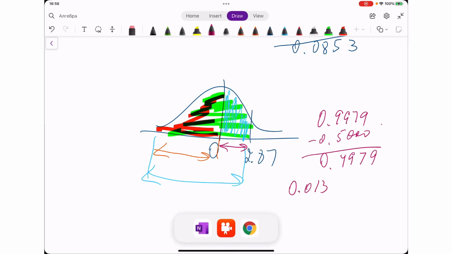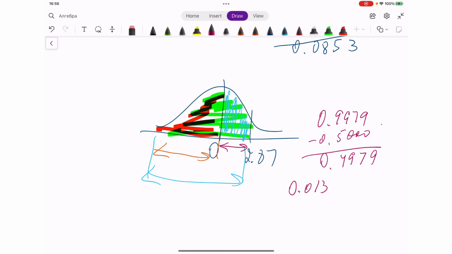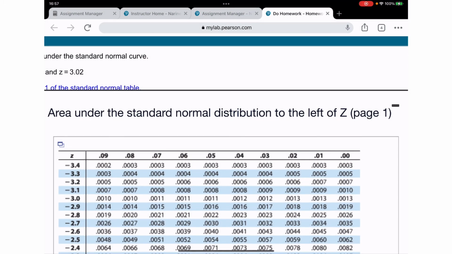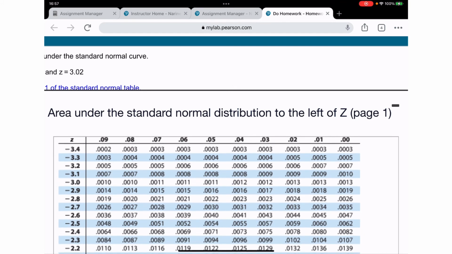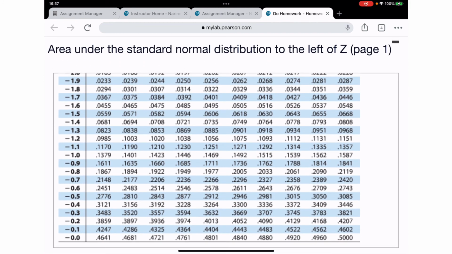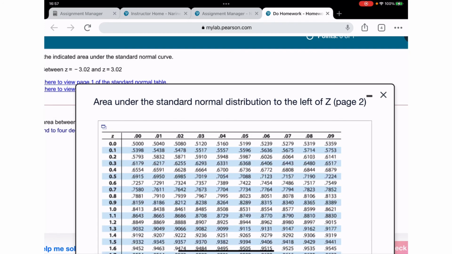0.013. Did I write it down correctly? Let me pay attention. 3.02, 0.0013. Okay. Now, positive 3.02. Let me close this one. So I'm opening positive one now. 3.0 and 2.